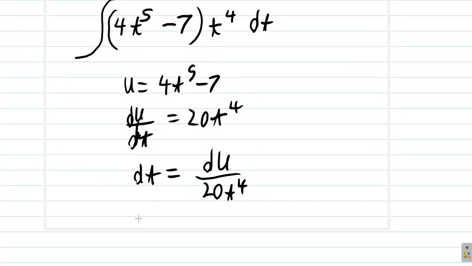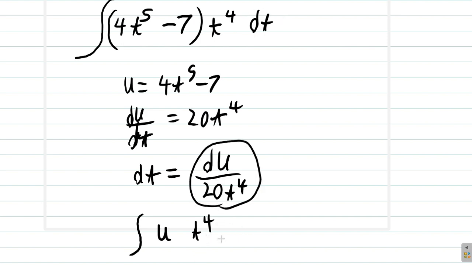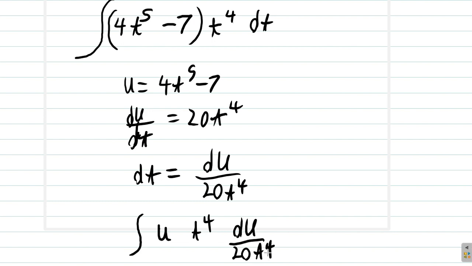Alright, so here, the integral of 4t to the 5 minus 7 is the same as the integral of u. Now you have t to the 4, which is this, right? T to the 4. dt, which is this. But instead of writing back dt, you're going to write this. So you have du over 20 t to the 4. Alright?